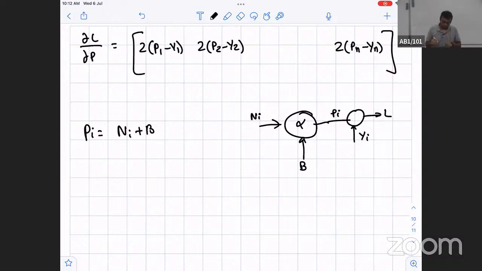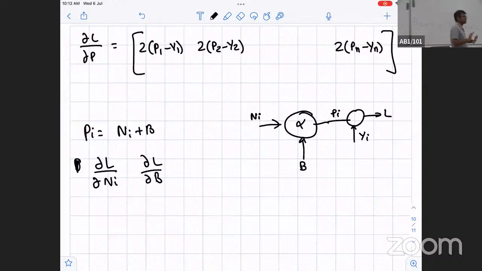So now, the goal is I need to be able to do dl by dni and dl by db. So dl by db, everyone knows why we need it, but why dl by dni?